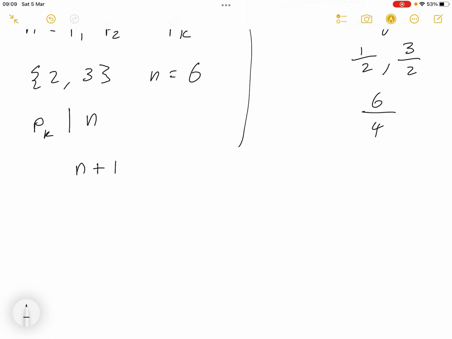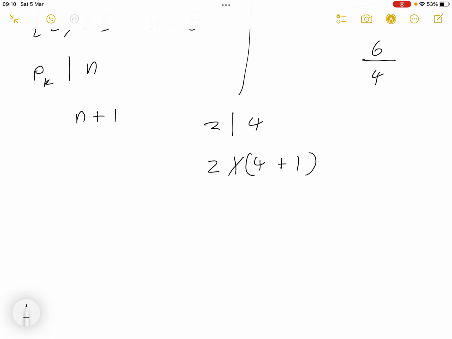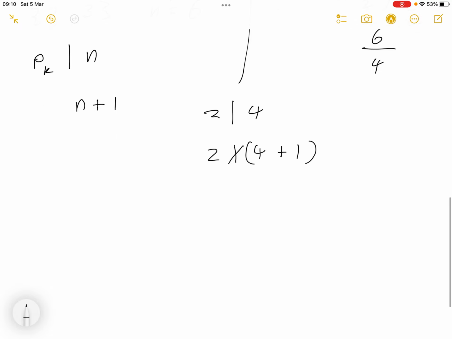Well, for example, if 2 divides 4, and it does, then if we add 1 to 4, this no longer works. 2 no longer divides what's on this side, because when you add 1, this will have a remainder of 1 after division, right? And that works no matter what prime it is.